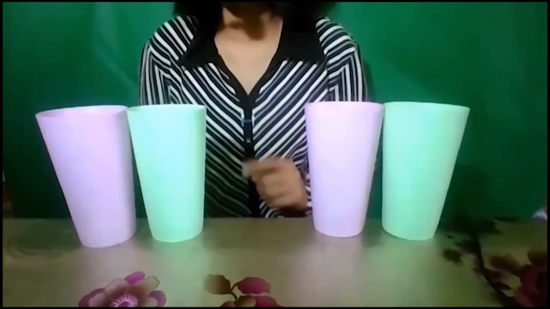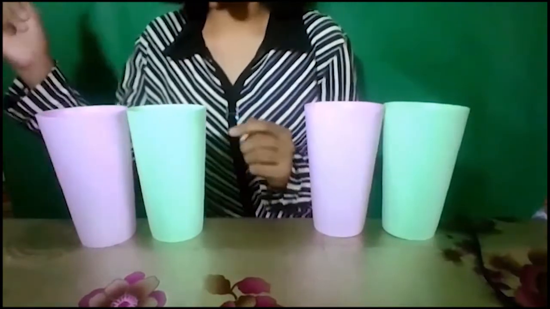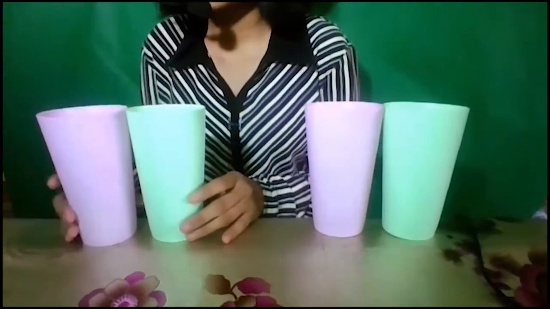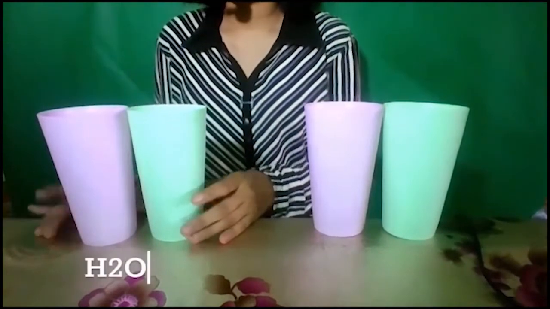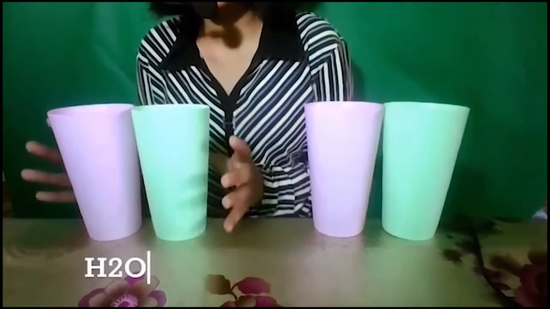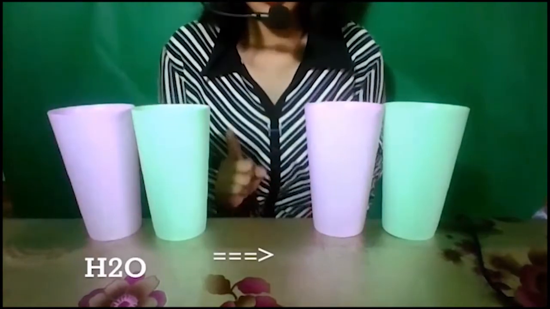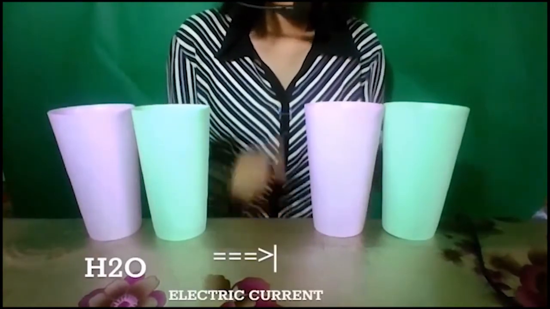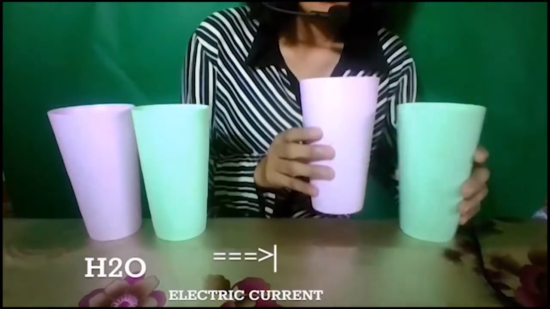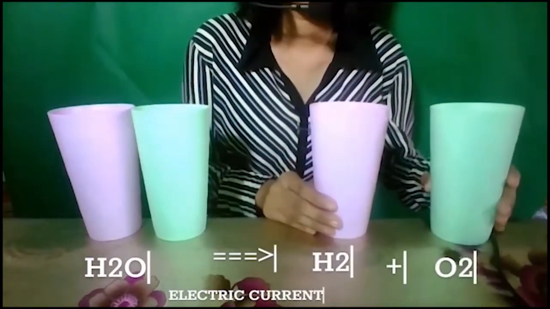Okay, another example, let's have this substance H2O. When it is being decomposed, it goes through an electric current. It would become H2 and O2.